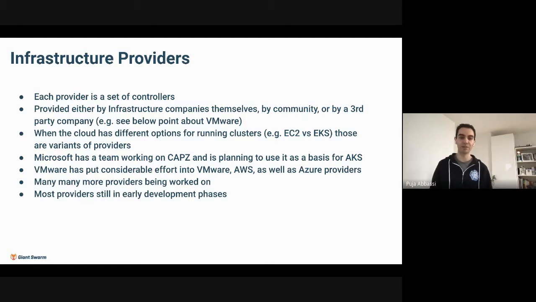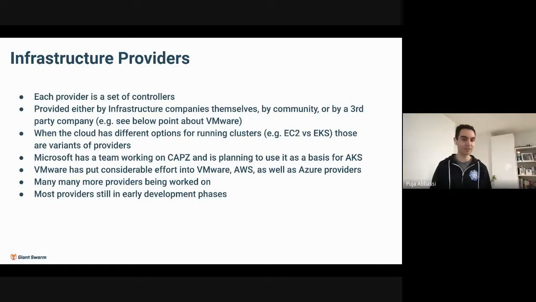VMware has put a lot of effort also into the AWS and Azure providers. They were actually the first who started working on them, and the Azure team, for example, only came in after VMware had started things.